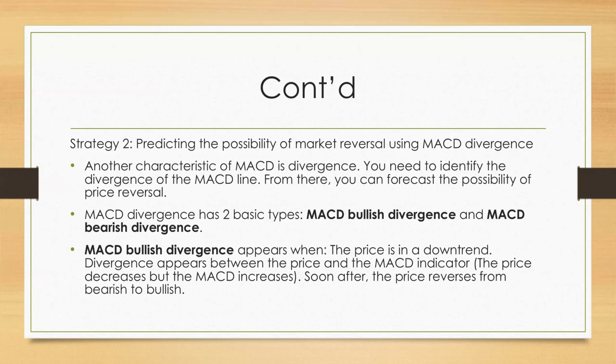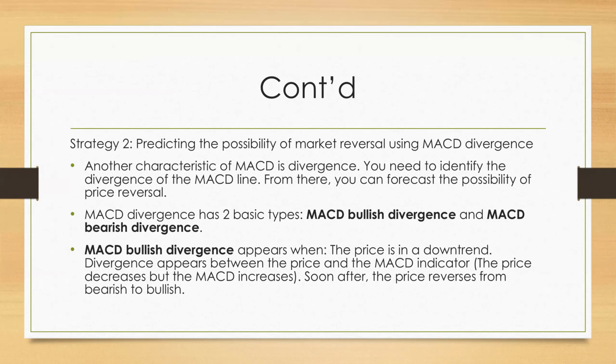Now, strategy 2 says we are using it now to identify a market reversal. So to identify the market reversal, we have to look at the divergent aspect. They're not working together. So when I am jumping, you're pointing down. When I stoop down, you're pointing up. That shows something isn't cutting, as we say sometimes.